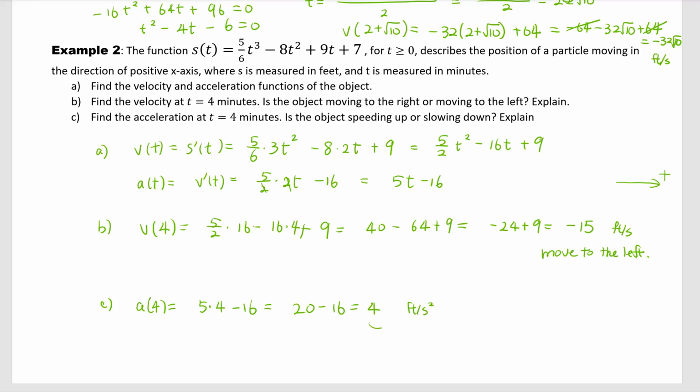You can see because this is positive, this is negative, so A and B are in opposite directions. If it's the opposite direction, is this speeding up or slowing down? Actually, it's slowing down. So be careful with that. Okay, everybody?